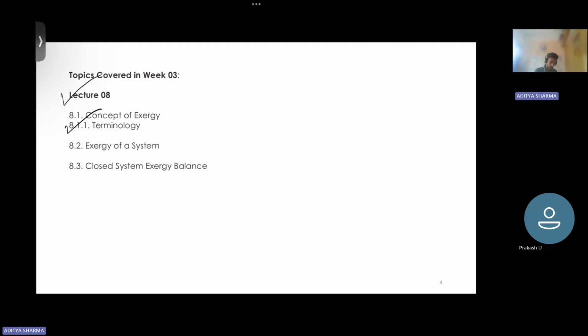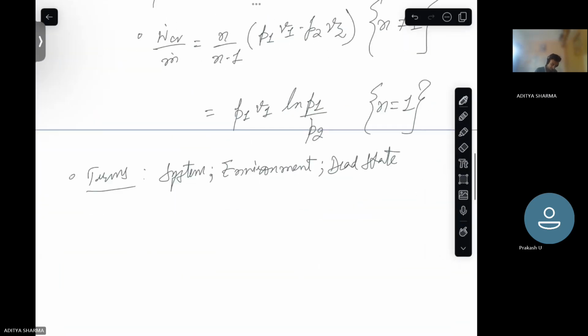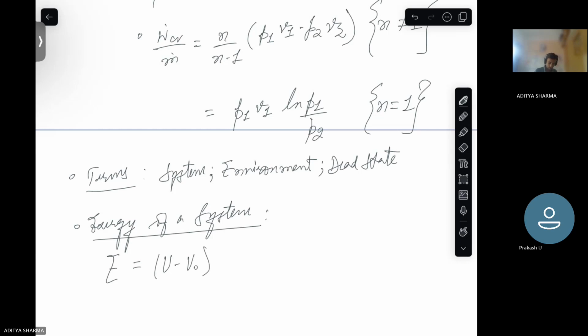So we denote exergy of a system with capital E. For a system, its statement is as follows.